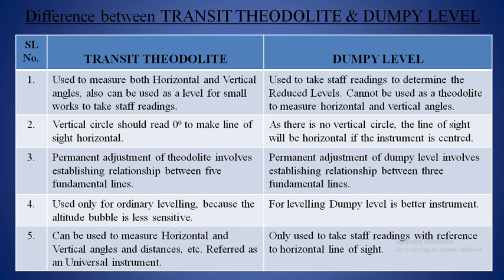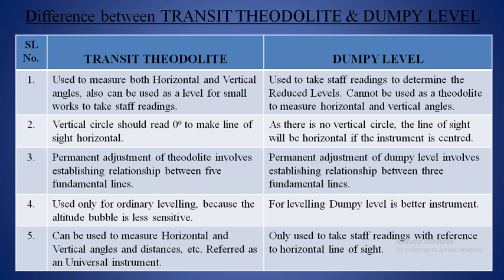So the next one is transit theodolite can be called as an universal instrument for its various uses. We can use transit theodolite to measure angles, either it may be vertical or horizontal. We can measure distances, horizontal and vertical with trigonometrical relations, and we can also use it as a dumpy level.